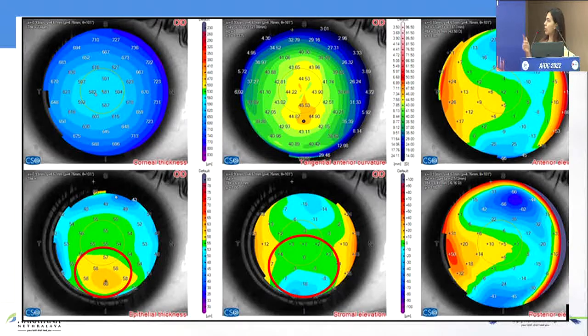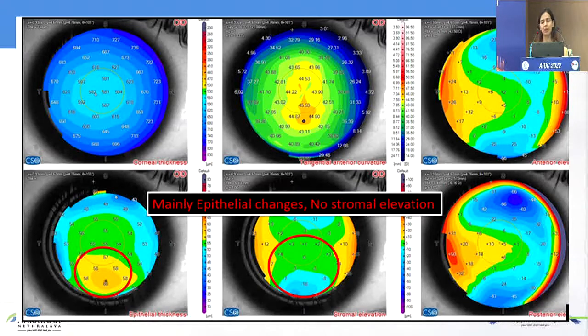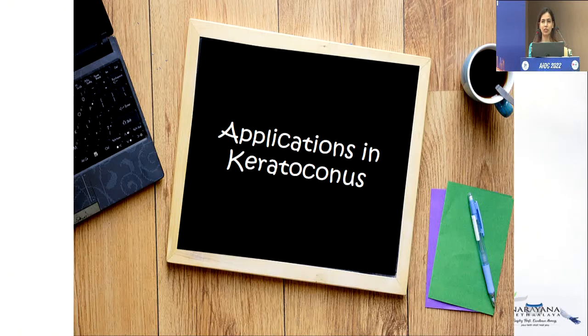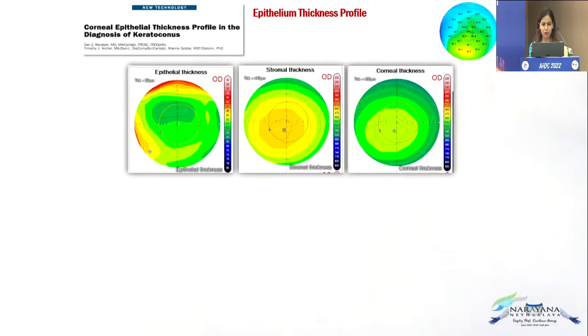This is what we are trying to look at with epithelial mapping: although the pachymetry seems regular all through, the epithelium has an irregularity of about 5 microns across. Is 5 microns that much, that it's causing so much dioptric change on the keratometry? Surprisingly, it can. So it's mainly epithelial changes and no stromal elevation, and that's where we are a little more confident in going ahead with a procedure for this patient.